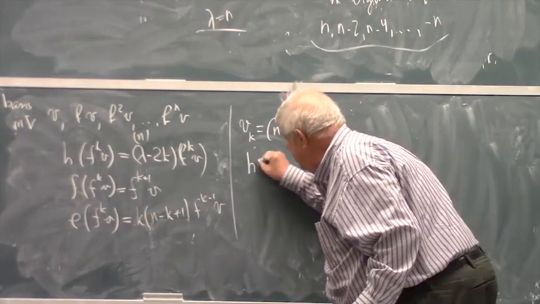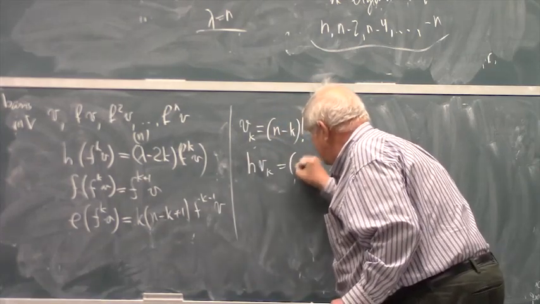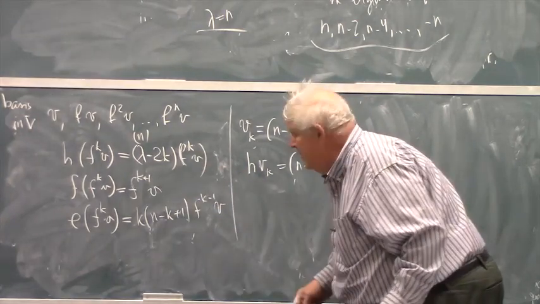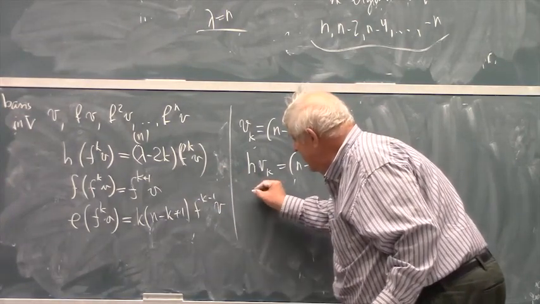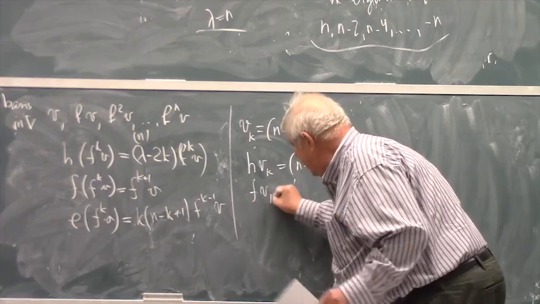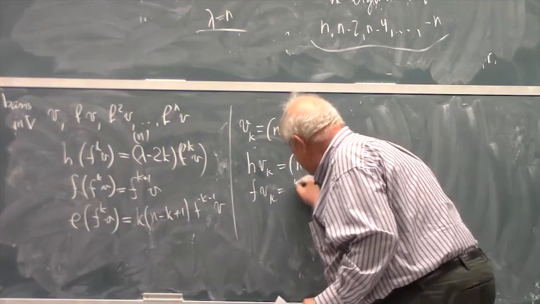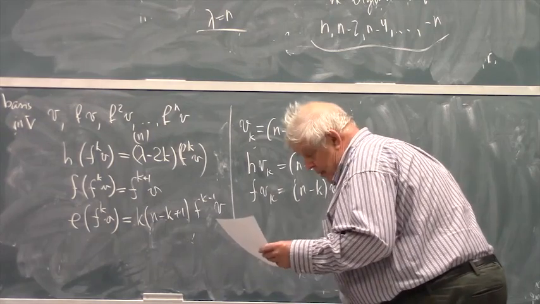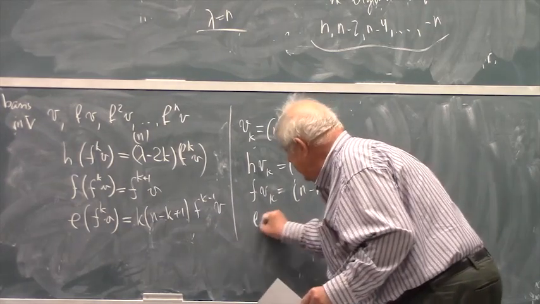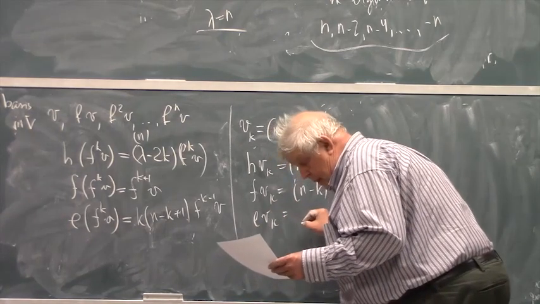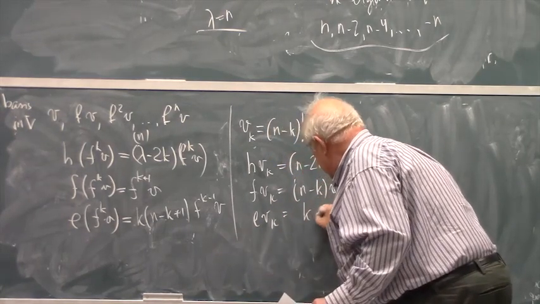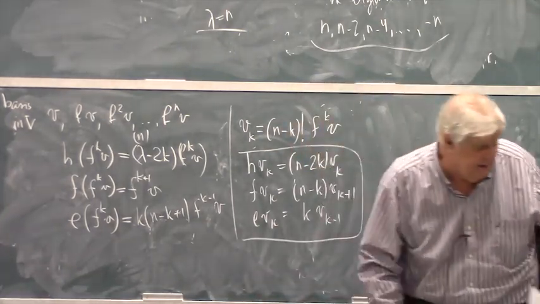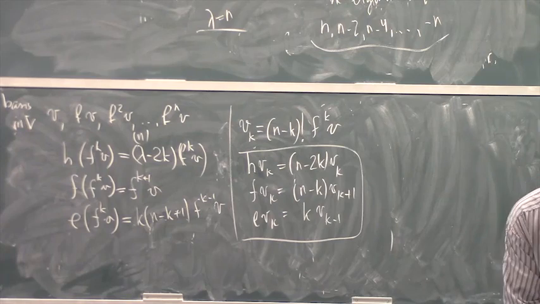Namely, h v_k is (n minus 2k) v_k. So nothing has changed if I multiply F^k by some number. But here it will be different. F v_k will be (n minus k) v_(k plus 1), and E v_k will be k v_(k minus 1). And this is the textbook description of this representation.